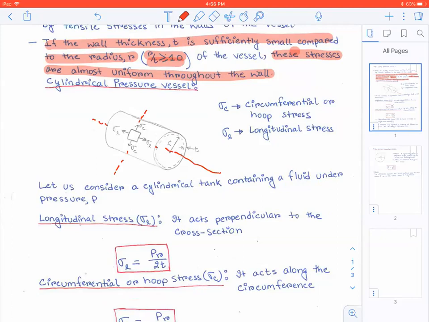Now you may think, apart from pressure vessels, where else is it applicable? If you think of the aircraft, the air inside the aircraft is pressurized, right?